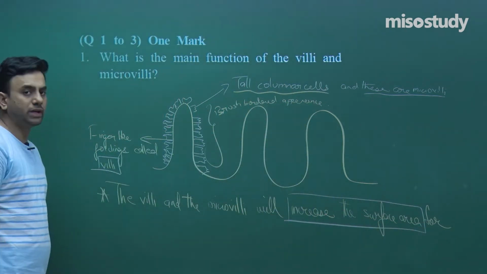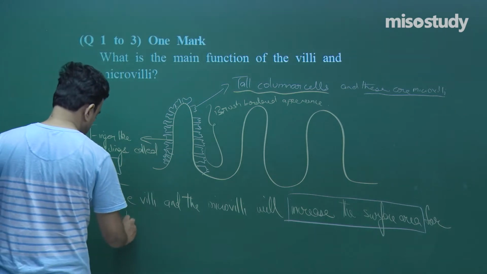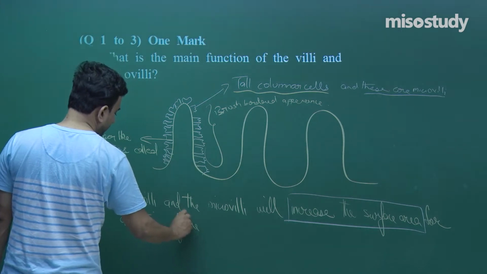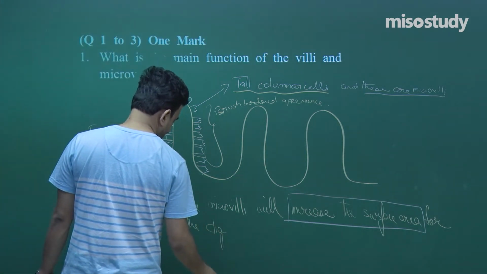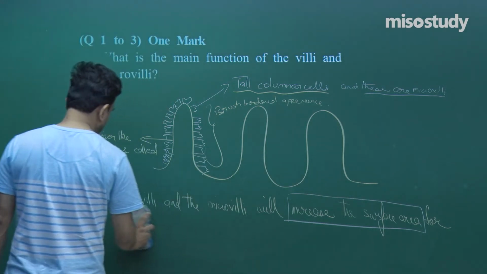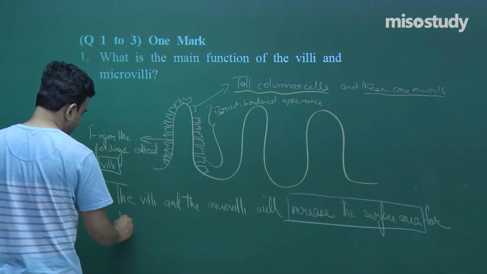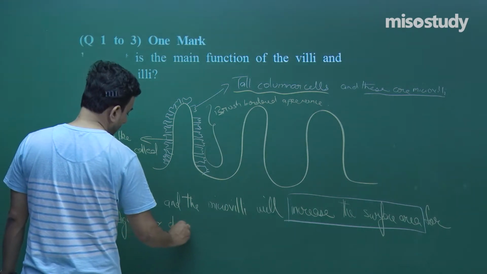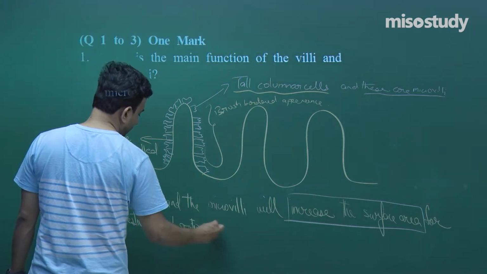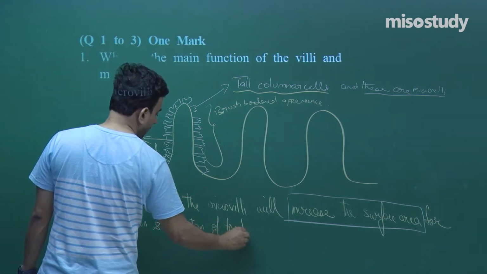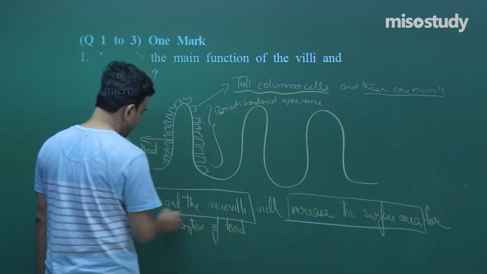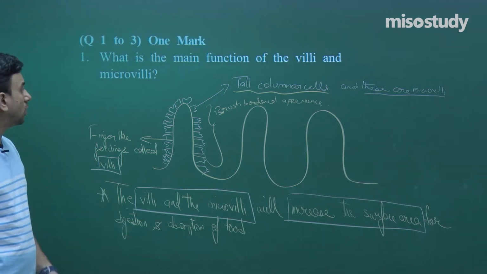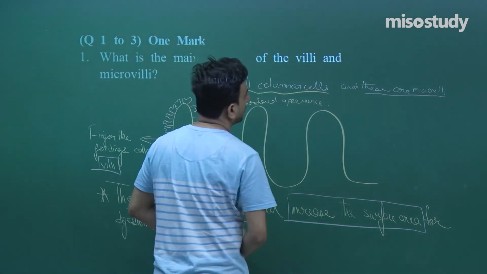The villi and the microvilli will increase the surface area for the digestion and absorption of food, right?